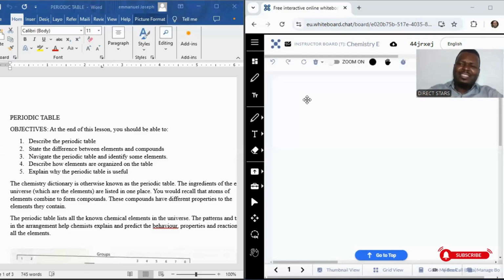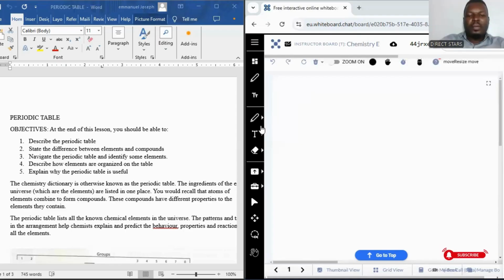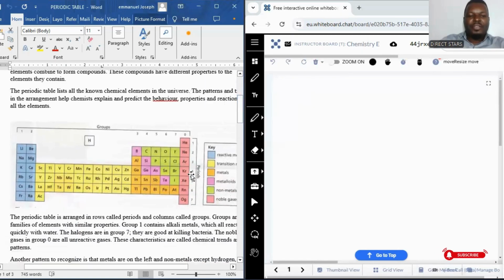And this pattern also has great implication on the properties of the elements in each group as we look at the periodic table today. So a good example of what the periodic table looks like is what we have here.